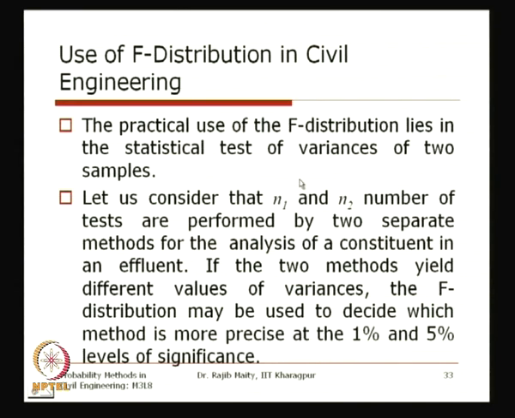Now, the use of the F distribution in civil engineering is mostly for this general case. For the T distribution we said that when the mean of the sample is involved, we use the T distribution. Similarly, when the sample variance is involved, we have used the chi-square distribution.